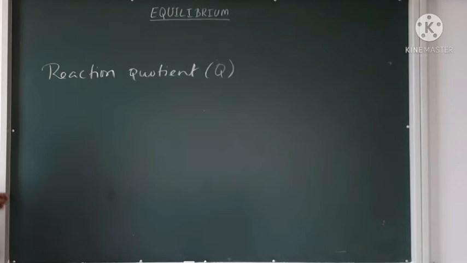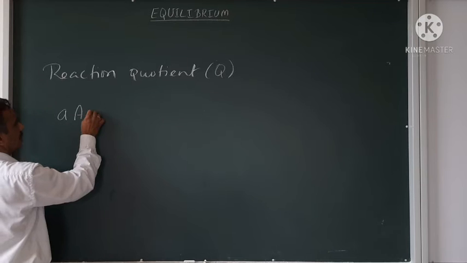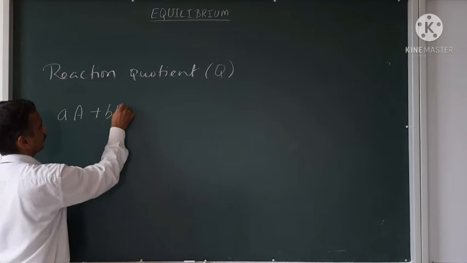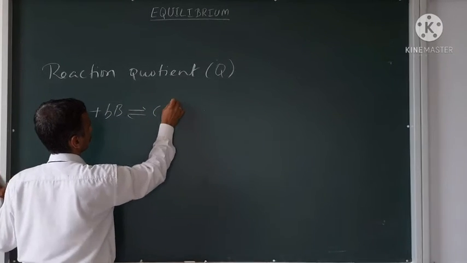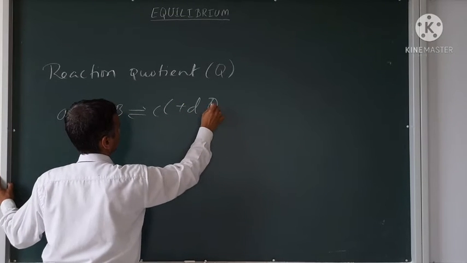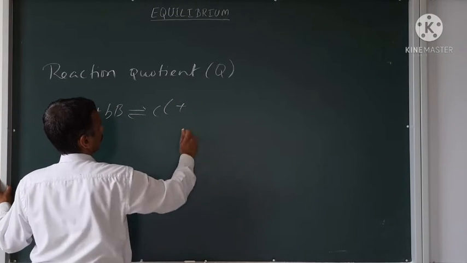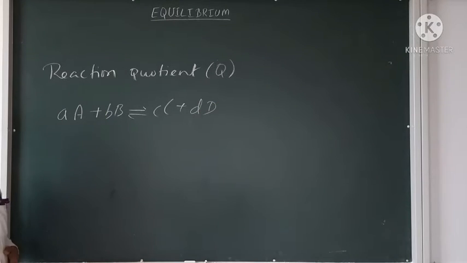So what is it? Just see here, aA plus bB gives cC plus dD.